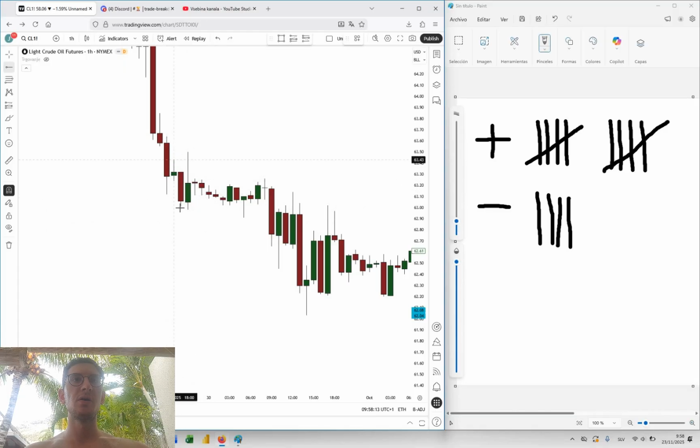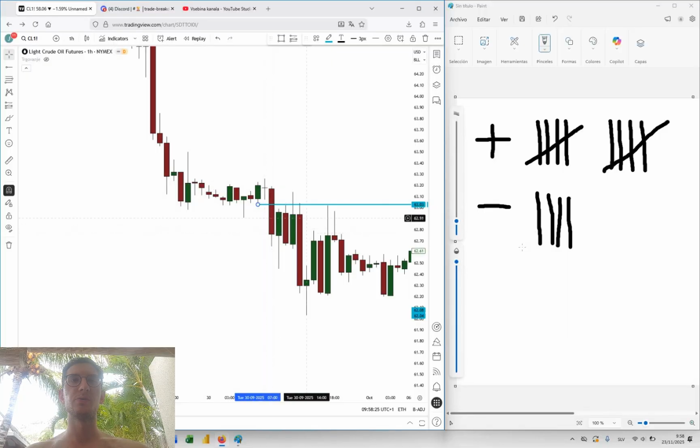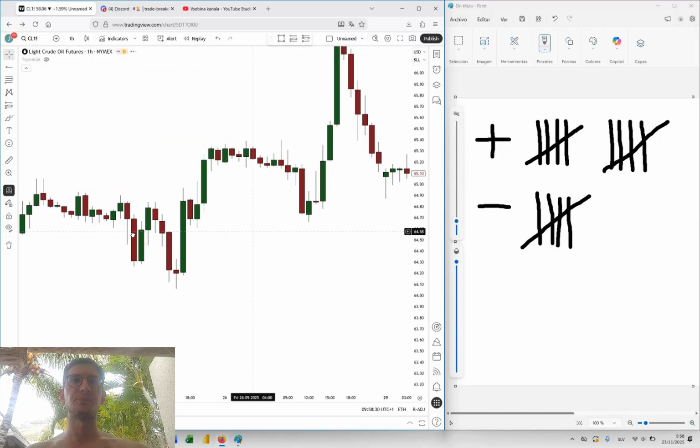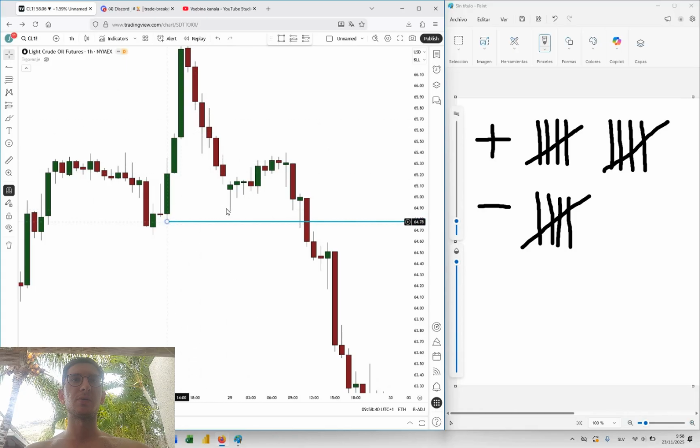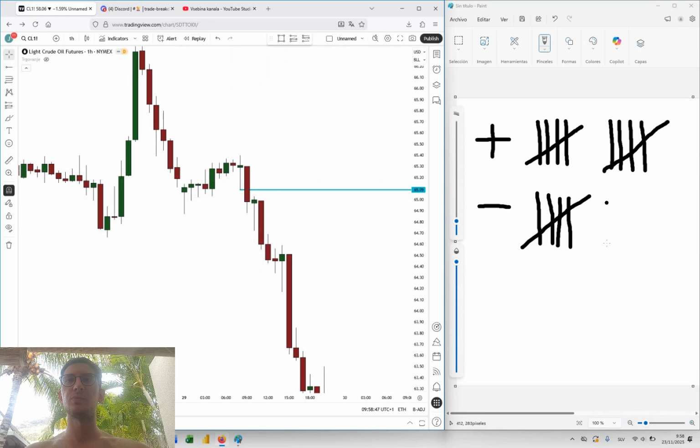For example, here we are still in a break of structure: up, down, down, up, down, up, down, up, and then boom, this huge candle, we broke structure. Whereas here we have an uptrend, kind of: down, up, down, up, down, up, down, up, down, up, boom, with this candle we broke structure.